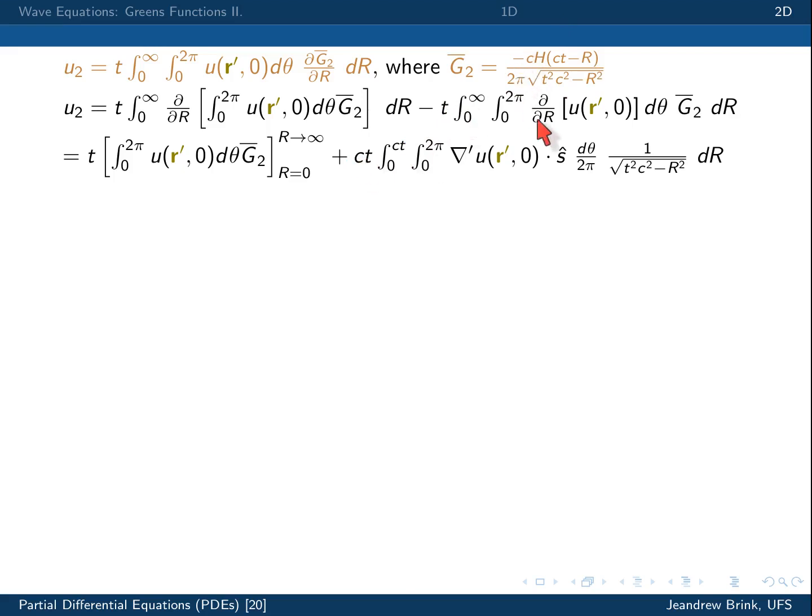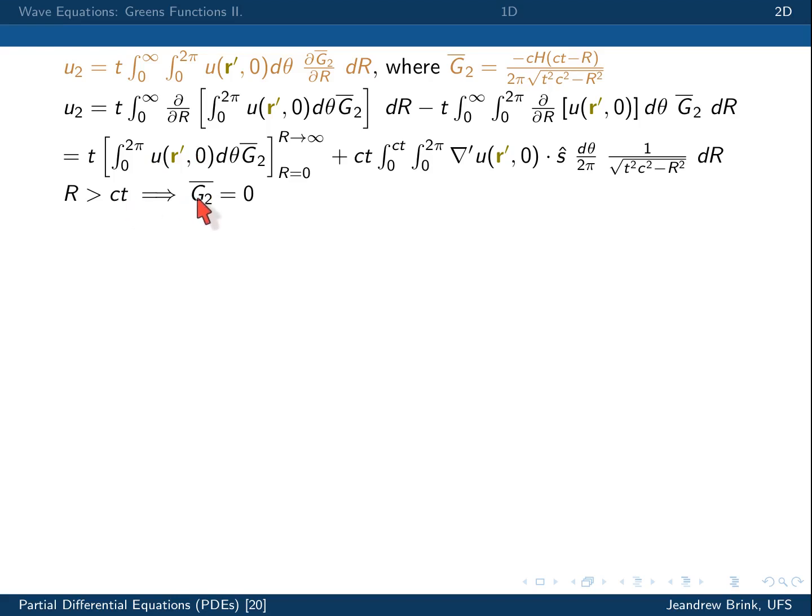The 2 pi has gone underneath this d phi over here, so that it's an angular average. And the square root thing I've left out here, which is a potentially nasty term. We'll look at it again.